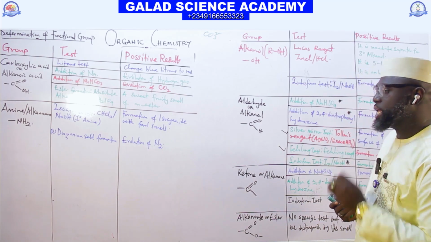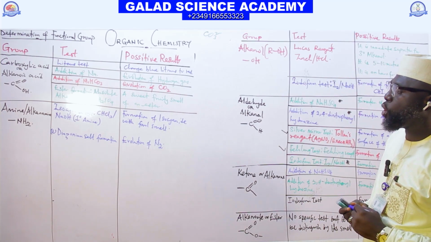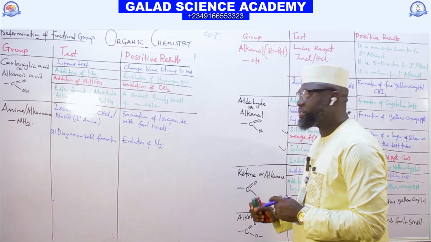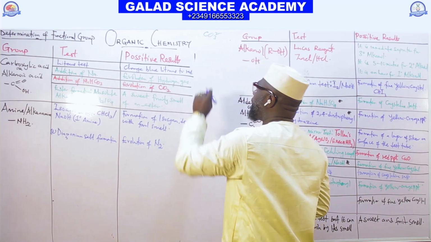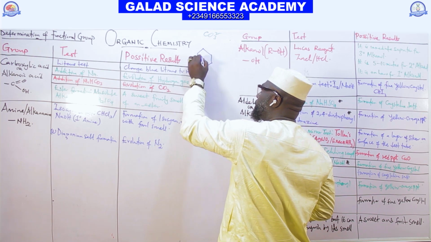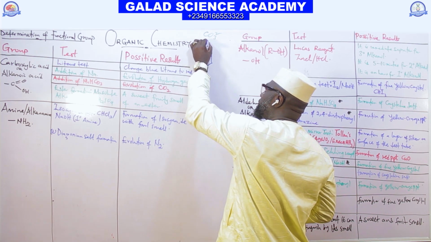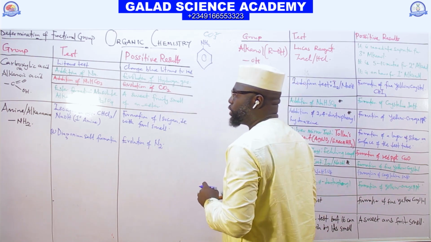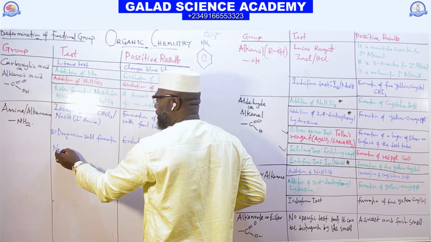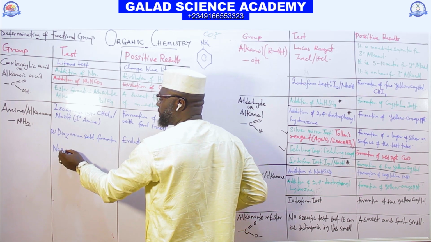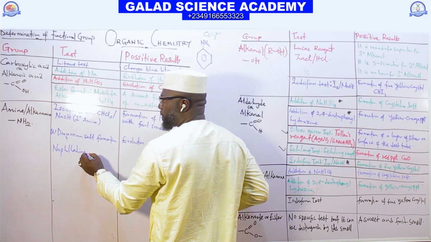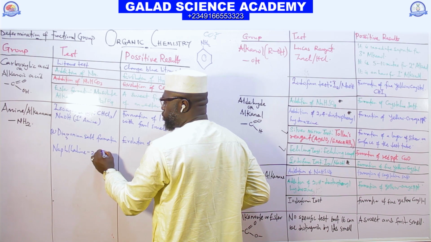You can also use naphthalen-2-ol if the amine is phenylamine, if our amine is an aromatic hydrocarbon in this form. So in order to test for it, we use naphthalen-2-ol.